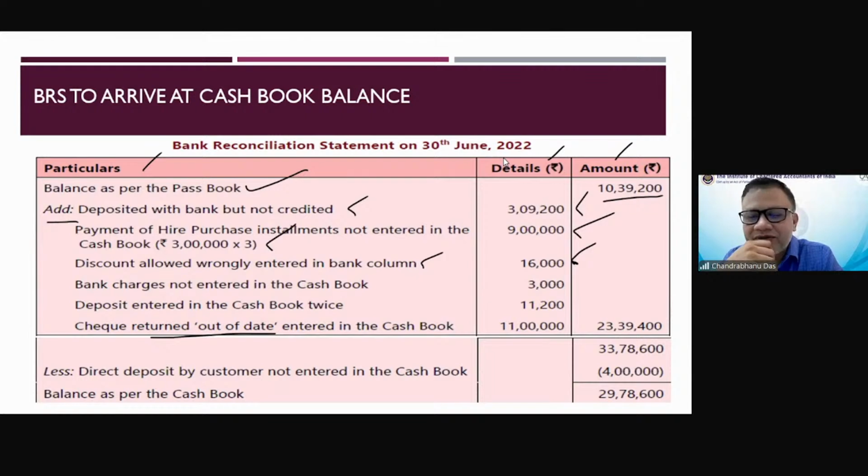But now whatever we are doing, we are arriving at the cash book balance first. We are going from passbook to cash book to know, with all these things, what the cash book balance is. We are not preparing the adjusted cash book now. We are simply preparing the BRS. The question is asking us to prepare the BRS, not the adjusted cash book.